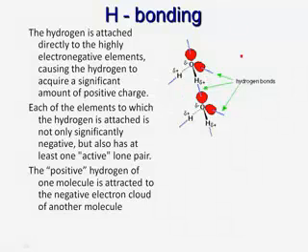If you remember, when we draw the Lewis structure of water, we have 2 lone pairs around the oxygen. This is showing the lone pairs as these red ovals. The positive hydrogen on one of these water molecules is attracted to the lone pair of electrons on the oxygen on an adjacent water molecule, and so that forms our hydrogen bond.